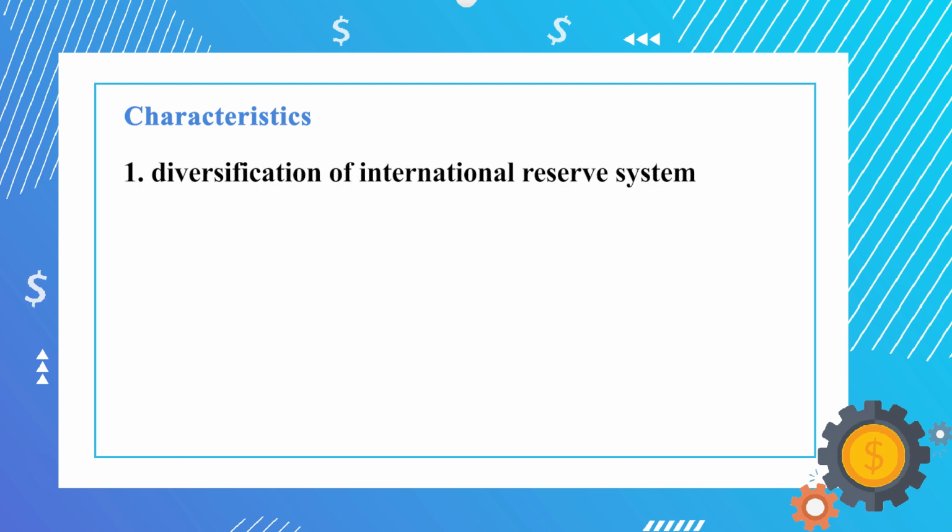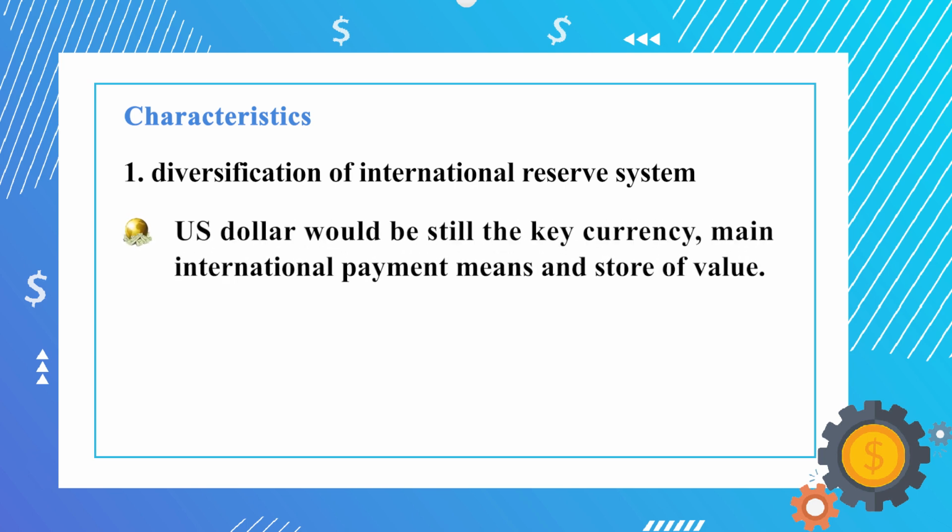Still, the Jamaica system had its own characteristics that were very different from the Bretton Woods system. One is diversification of the international reserve system. Diversification is reflected in the following aspects. The US dollar would still be the key currency, main international payment means and measure of value, but it is not the single international currency and reserve currency.